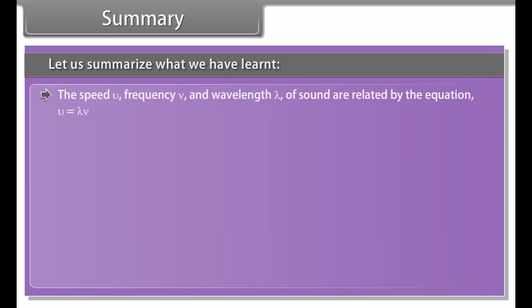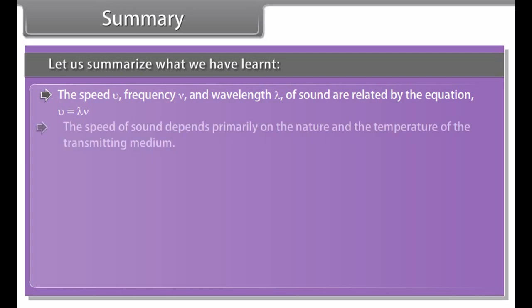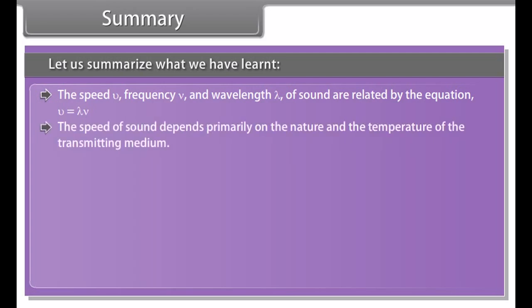The speed v, frequency ν, and wavelength λ of sound are related by the equation v = λ × ν. The speed of sound depends primarily on the nature and the temperature of the transmitting medium.